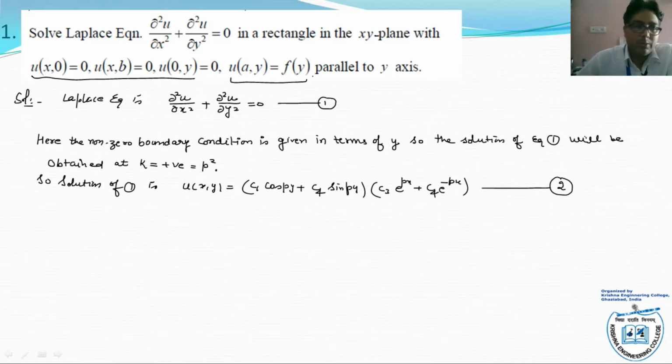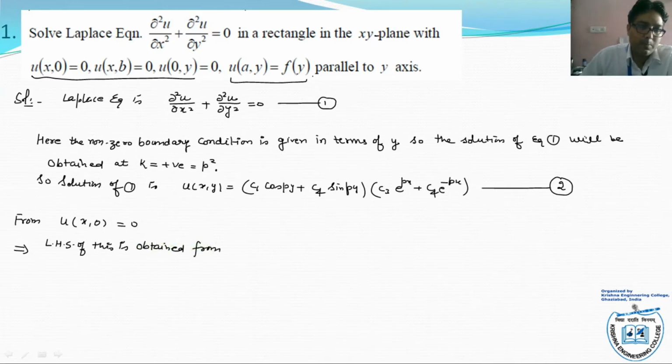Now find the solution of equation second using the boundary conditions. So from the first boundary condition, u(x, 0) is equal to 0. Clearly the LHS of this is obtained from equation second when y is equal to 0.